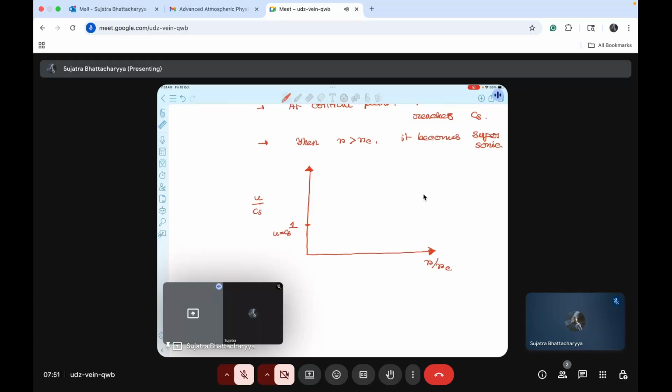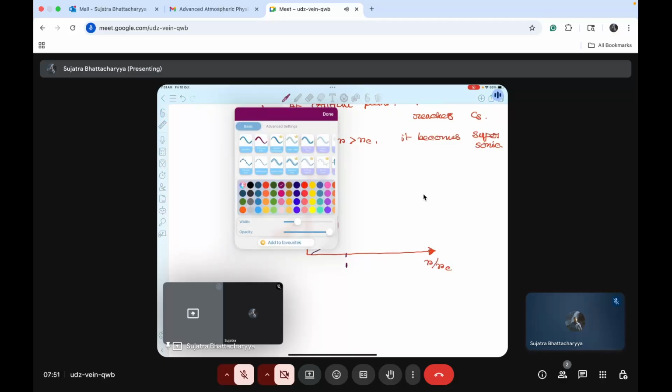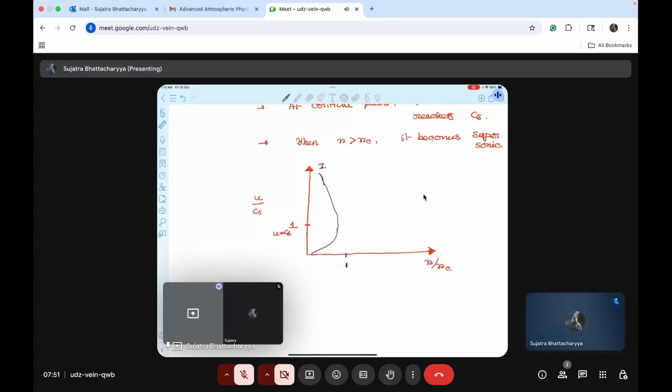Now there are a couple of lines you will find. There are six possible solutions. The first one is like this. This is number one. The second one is something like this. This is the second one.